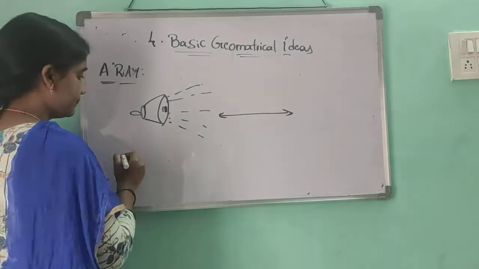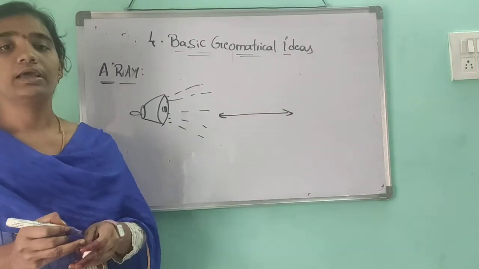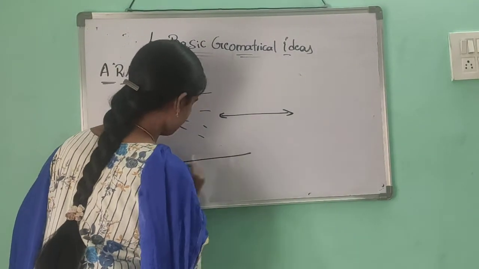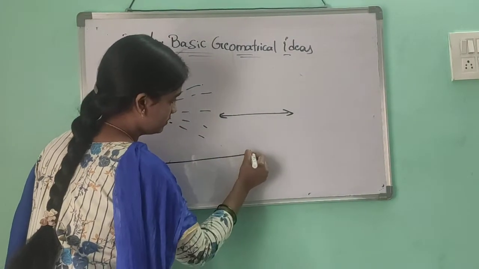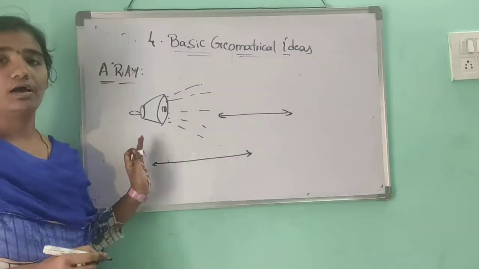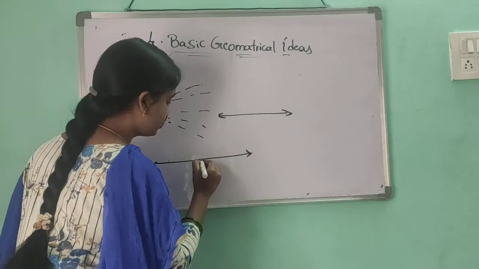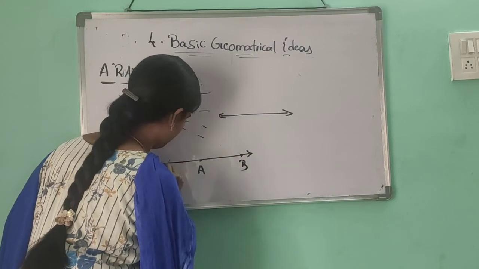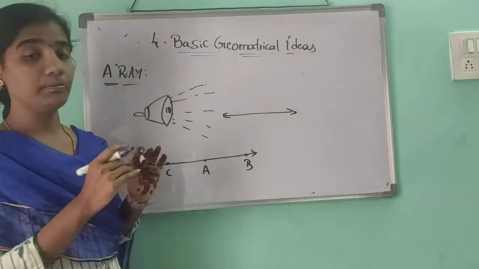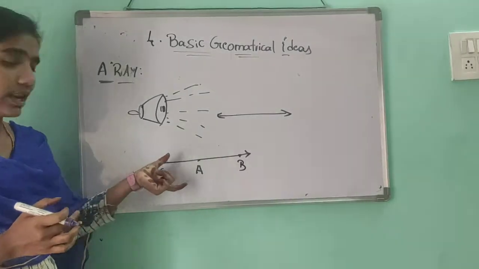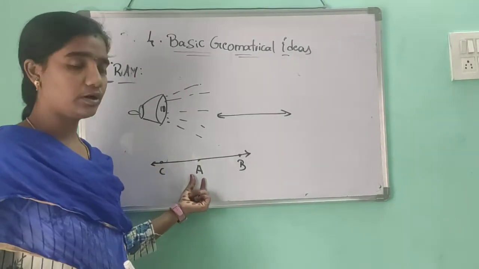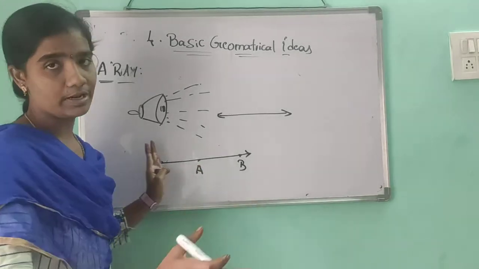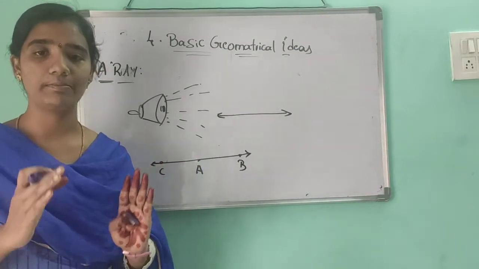Okay, let's see here. I want to draw a line. On this line, I put some points A, B, C. Here I am taking the line, putting the middle one as point A, and B and C are the two points on the same line.